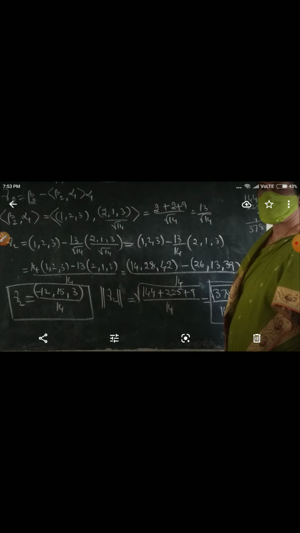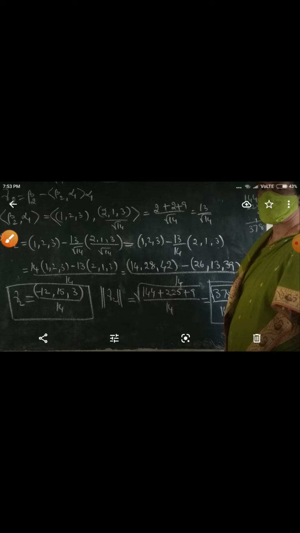That is, on simplification, 14 times (1, 2, 3) minus 13 times (2, 1, 3), whole divided by 14. So that becomes (14, 28, 42) minus (26, 13, 39), whole divided by 14. On further simplification, 14 minus 26, that is minus 12, 28 minus 13, that is 15, 42 minus 39, that is nothing but 3, whole divided by 14.